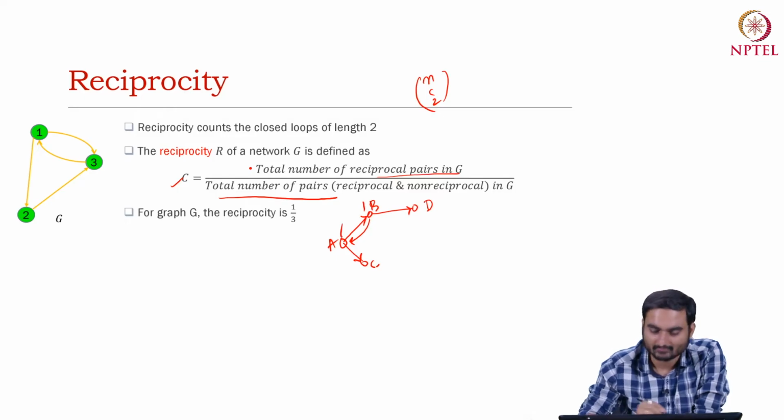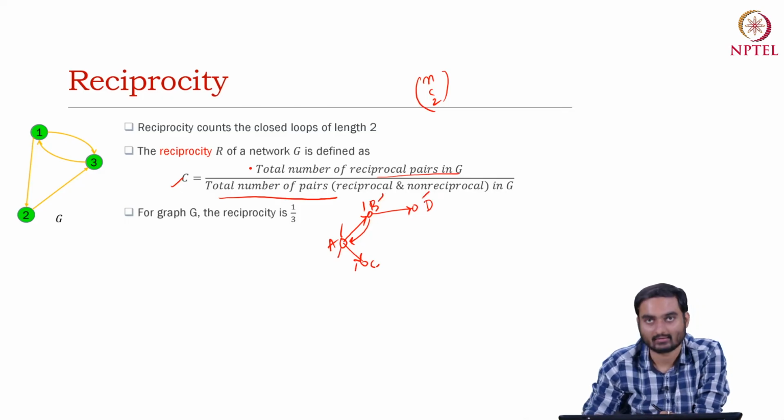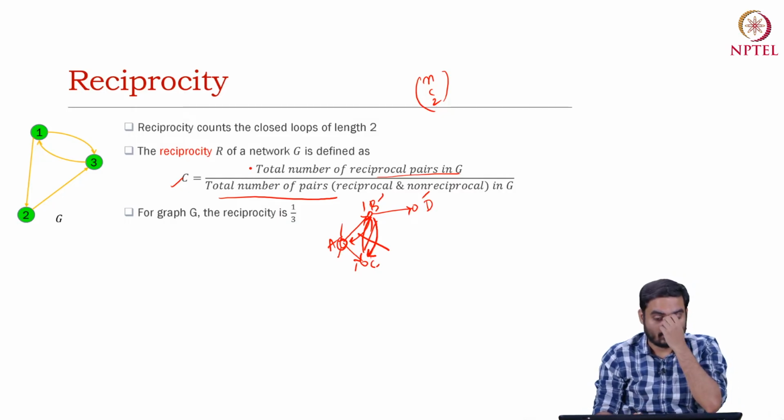You have AB, you have BD, you have AC, right? But we'll not consider BC because BC is not connected. I'm trying to understand that if there is a connection from B to C, whether there is a reverse connection from C to B. So the forward connection should exist, right? So I will not consider this pair. I will also not consider AD.